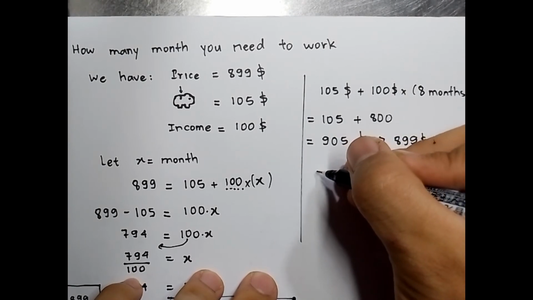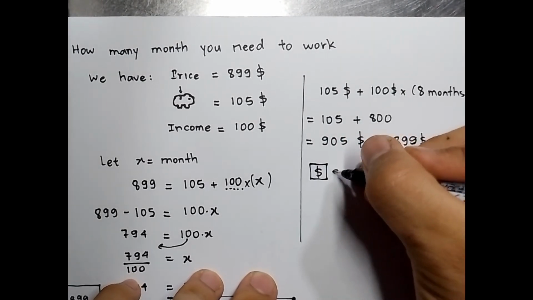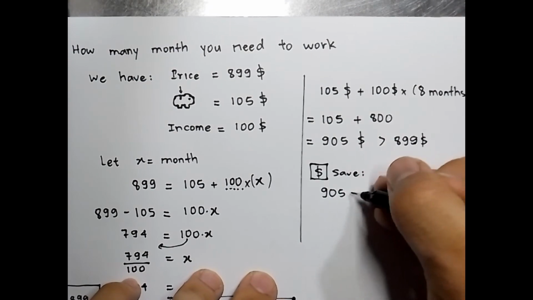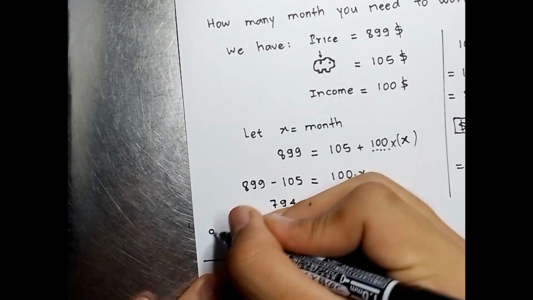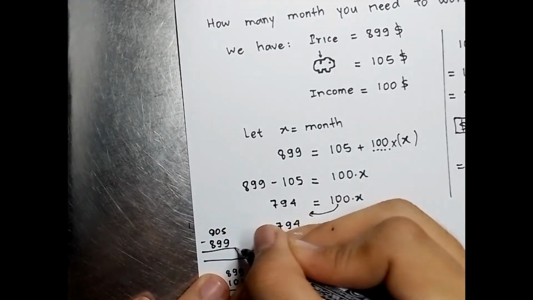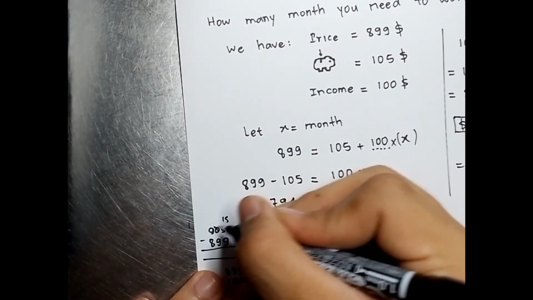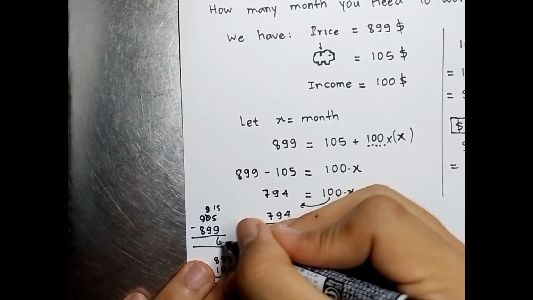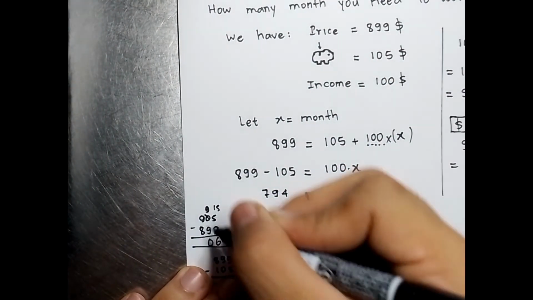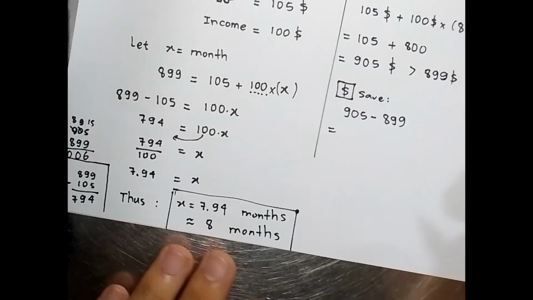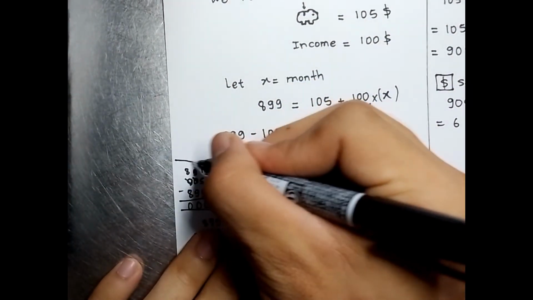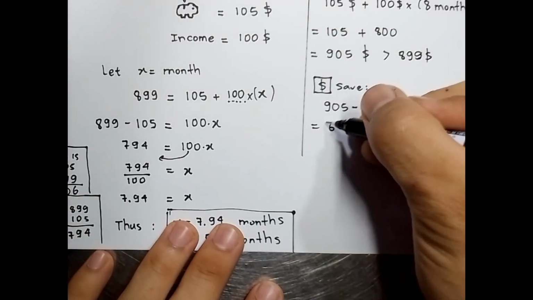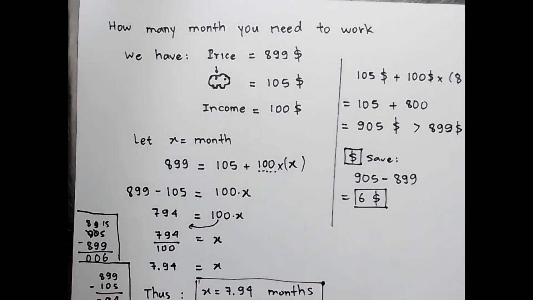That means the money that you can save after buying a phone is, subtract it, a quick subtraction, 905 minus 899. Actually you can just calculate it in your mind. The answer is 6 already. So that means after you buy the phone, you only have $6 left in your pocket. Be careful. Don't spend all your money.